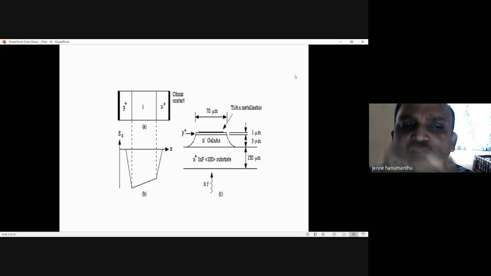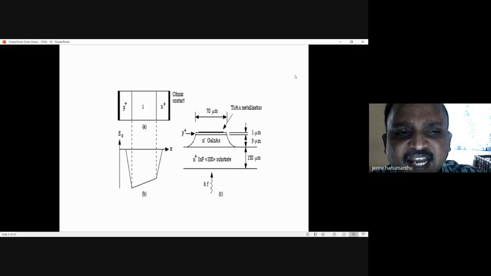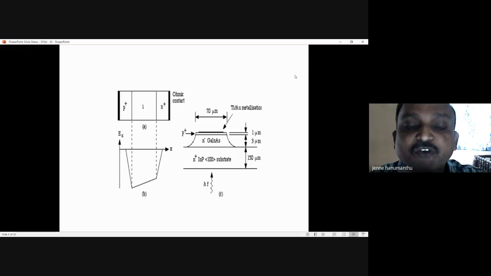So here electrons dominate within the I region because mobility is high for the electron, and they create photocurrent. So when light falls on the PIN diode, it converts light into photocurrent. Current here means electrical signal.